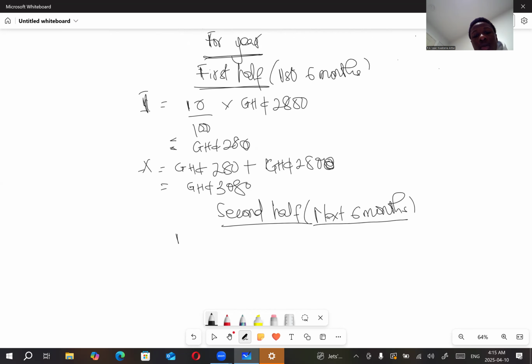So interest will be equal to rate, which is 10/100, times the principal, which is now 3080. So the interest will be equal to 10/100 of 3080.